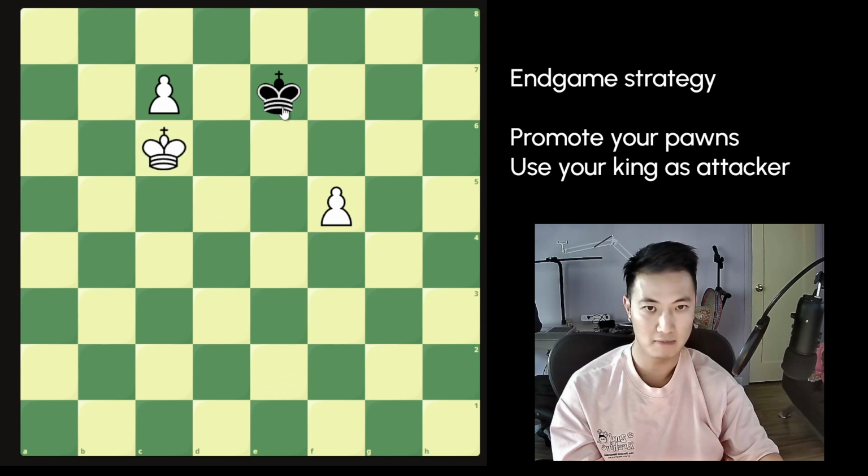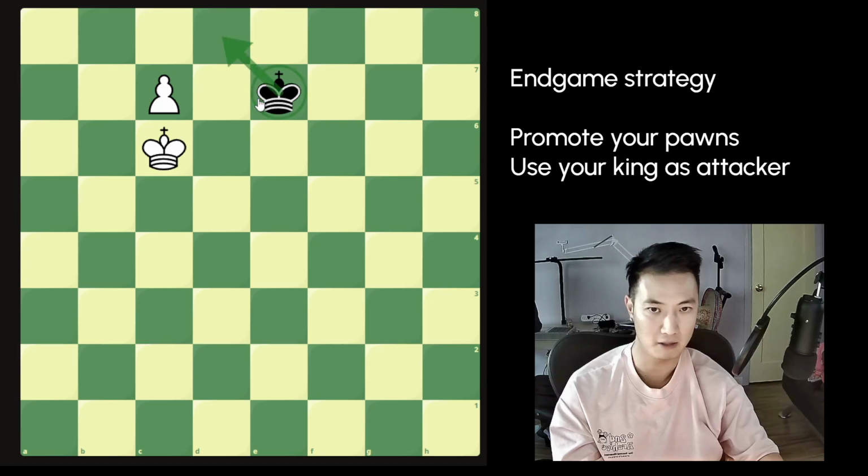So let's say I'm here, right? Let's say it's black to play. Black cannot come here and stop this pawn from being promoted because my king is so active. I'm controlling these squares around the king, and this pawn itself controls these squares. So I'm ready to queen next turn, and there's nothing black can do to stop it.